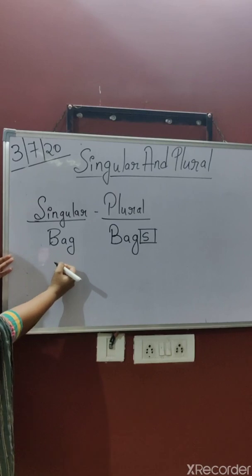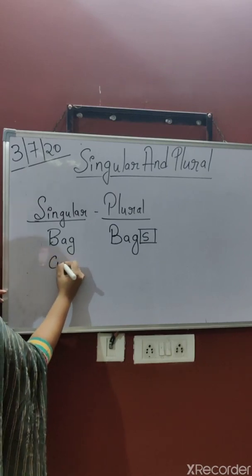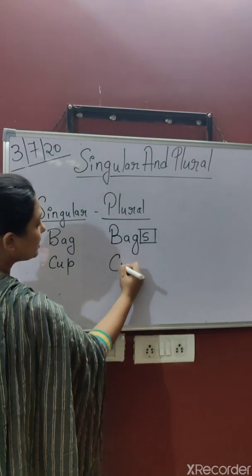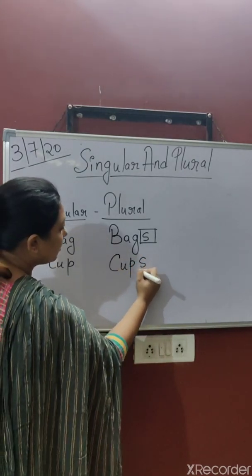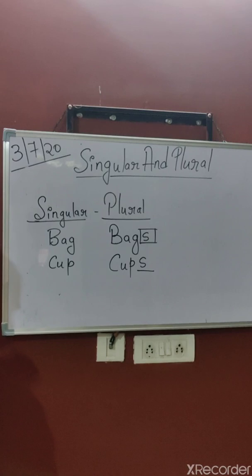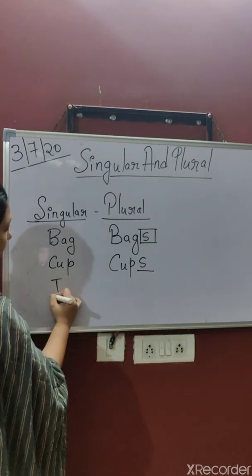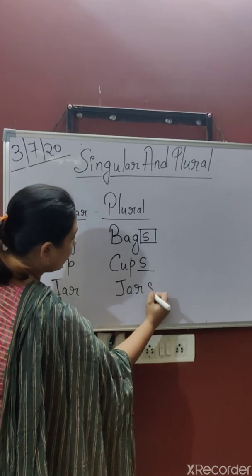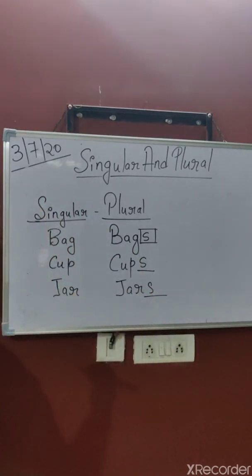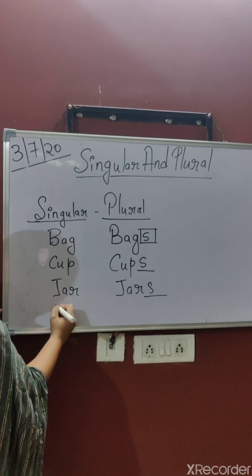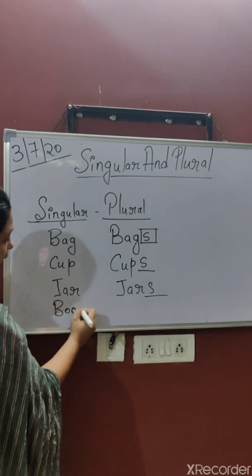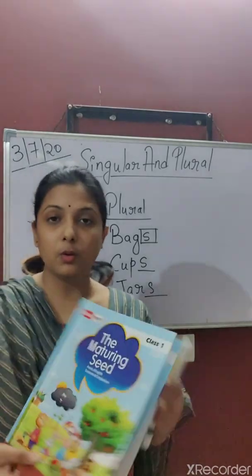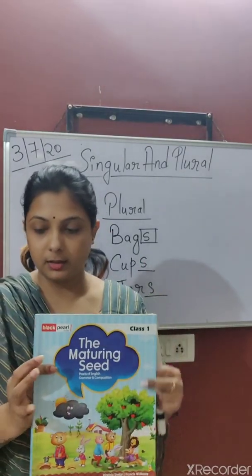Now next example is cup, right? So the plural form is cups, S. Jar, jars. Again we add s into it. Then book, one book, singular.